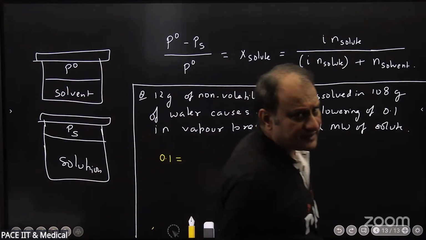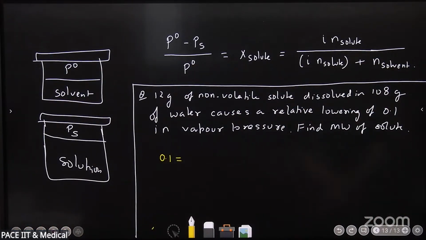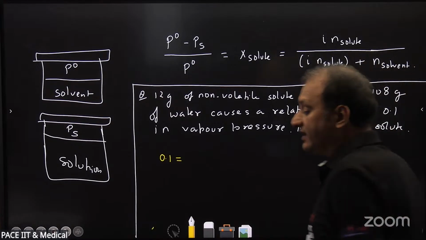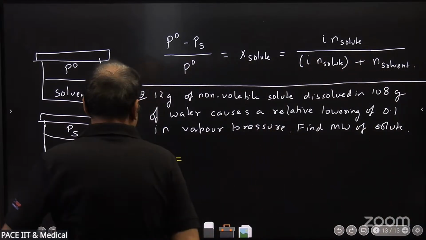Now again, the identity of the solute is unknown. So in such a case, we will not take any Van't Hoff factor, or we will take the Van't Hoff factor to be 1.